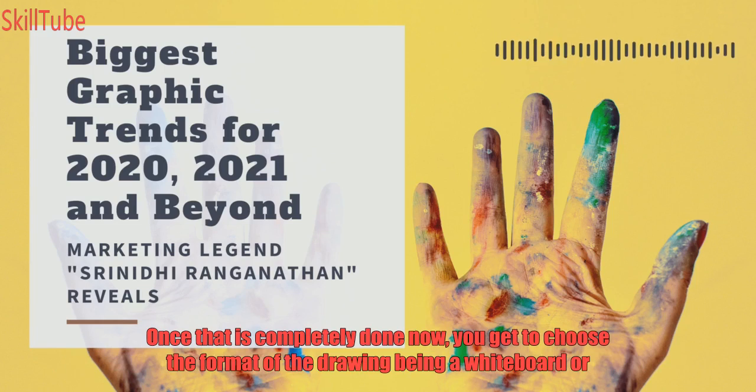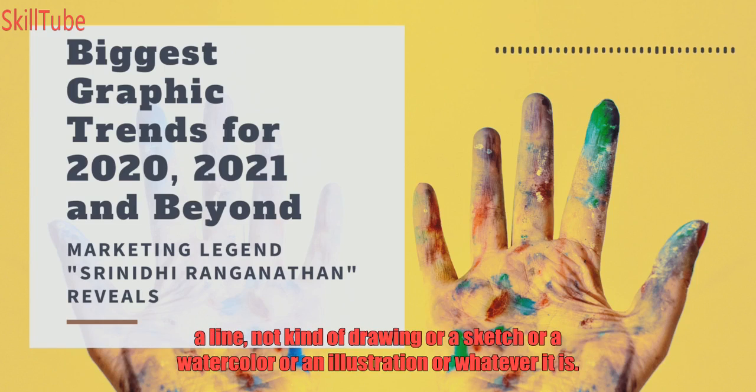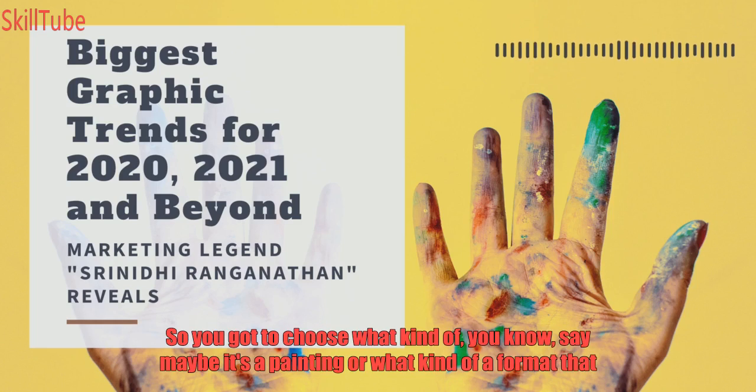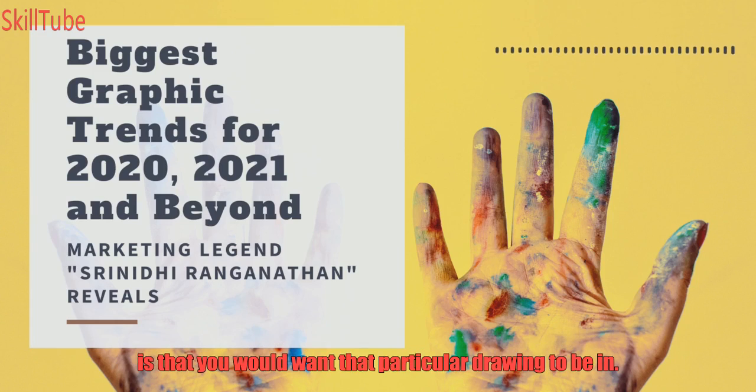Once that is completely done, now you got to choose a format of the drawing, be it a whiteboard or a line art kind of drawing, or a sketch, or a watercolor, or an illustration, or whatever it is. So you got to choose what kind of format, maybe it's a painting, that you would want that particular drawing to be in.